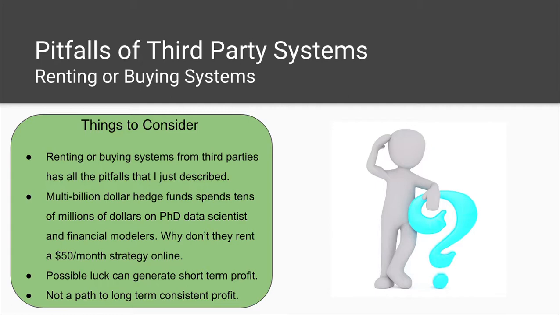It's not logical. If you rent or buy systems, you might be lucky, you might get a short-term profit, it might be substantial, you might make 500% in a few months, but in the end you will eventually lose all the money. It's not a long-term strategy to just buy or rent systems. The only way really is to become good at developing your systems yourself.